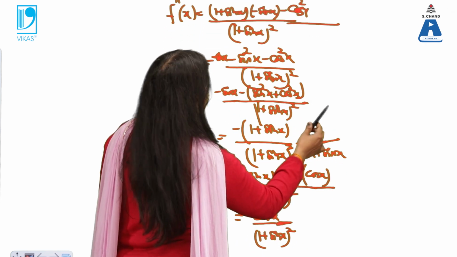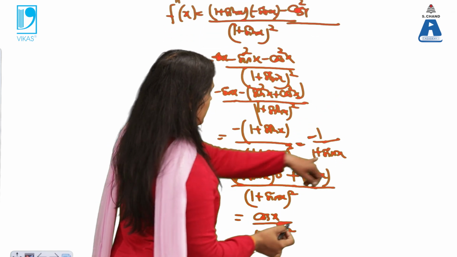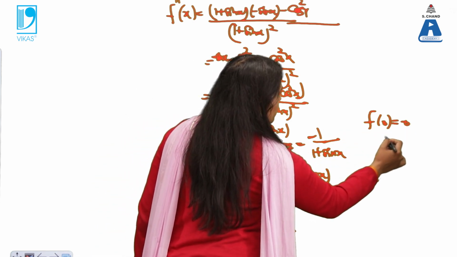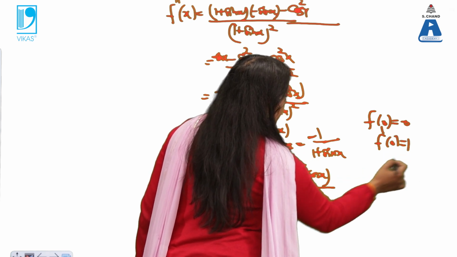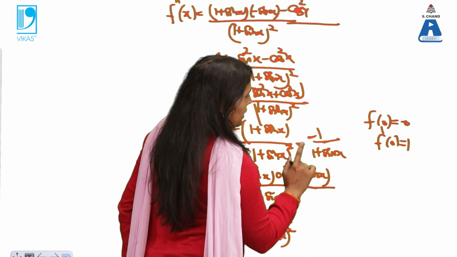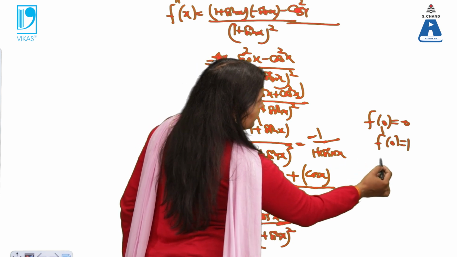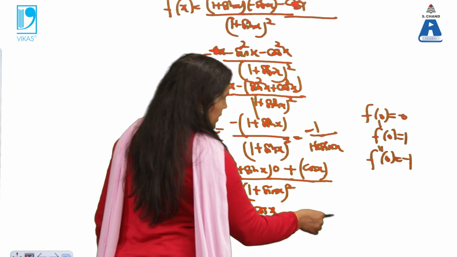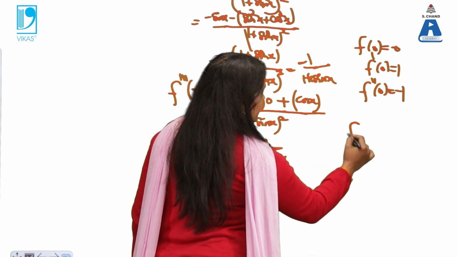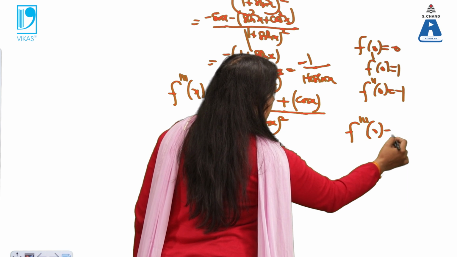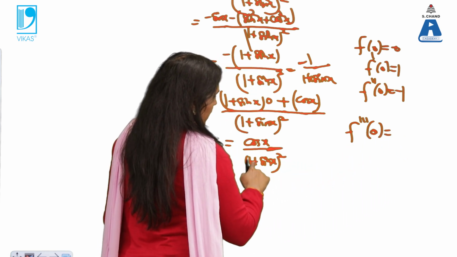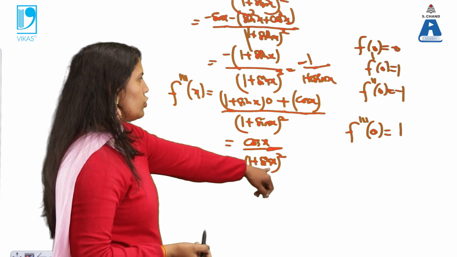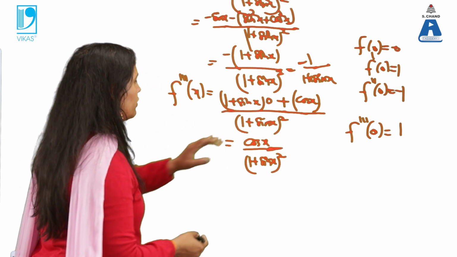Now coming to f double dash 0, so I have got till now f0 as 0, f dash 0 as 1, and finally f double dash 0 will be, because this is 0, so f double dash 0 is -1, and finally triple dash, that is cos 0 is 1, this is 0, so simply 1 plus 0, 1. These are the derivatives for 0.